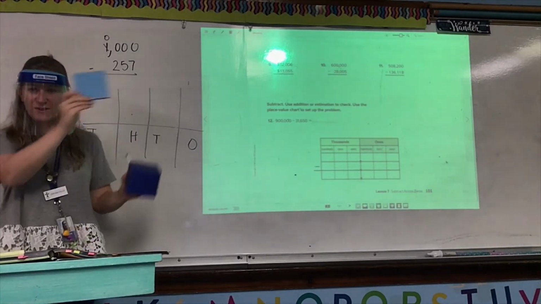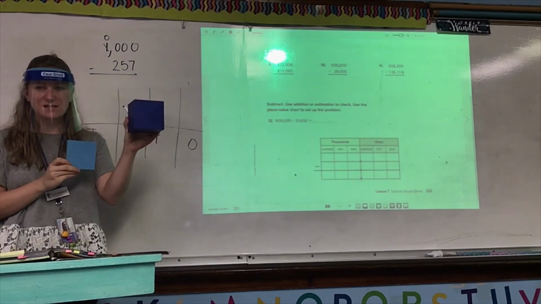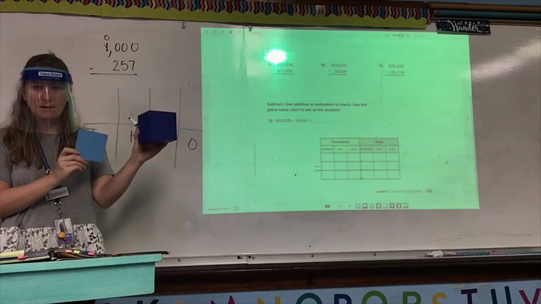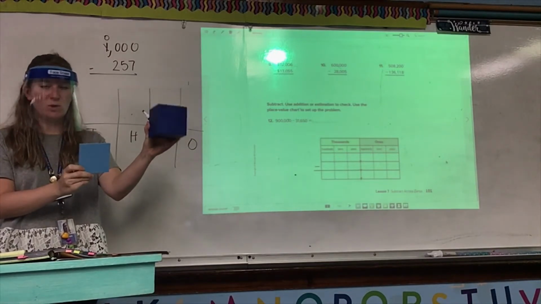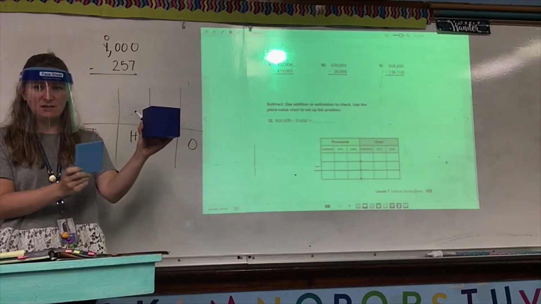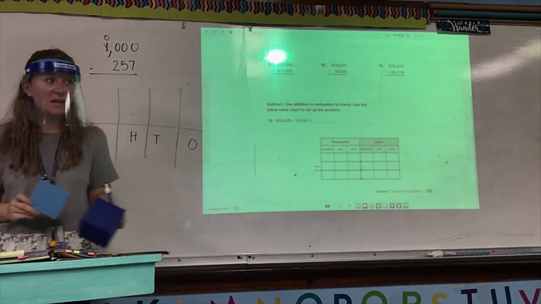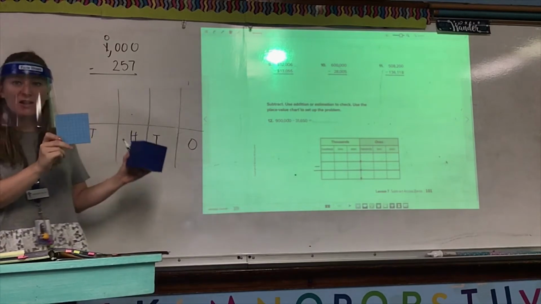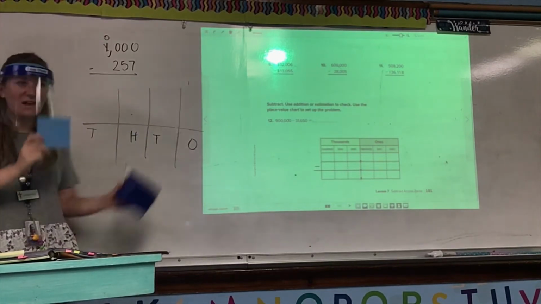How many hundreds flats are in 1 thousands cube, Carla? 10. It's always 10. There's always 10 of the smaller place value in one of the larger.